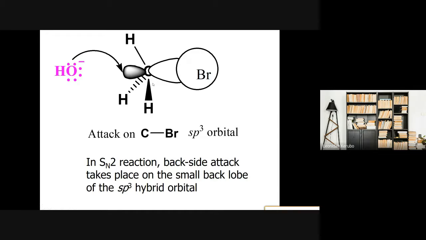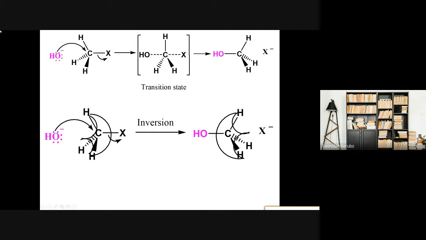Always remember that. So in an SN2 reaction, backside attack takes place on the small back lobe of the sp3 hybridized orbital that is bonded to the halogen.